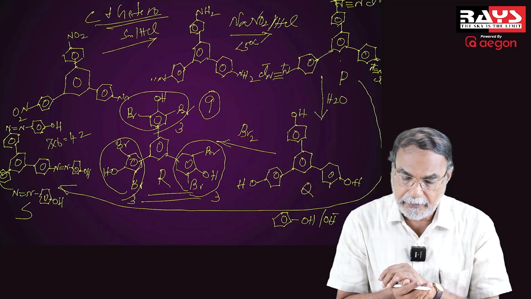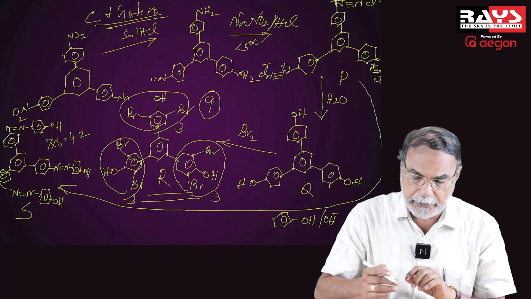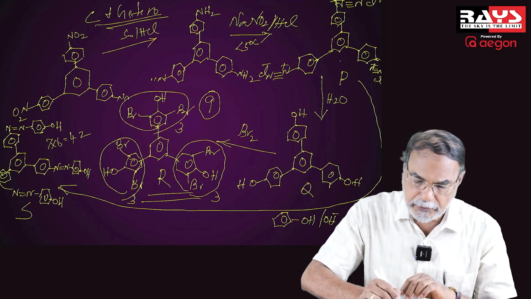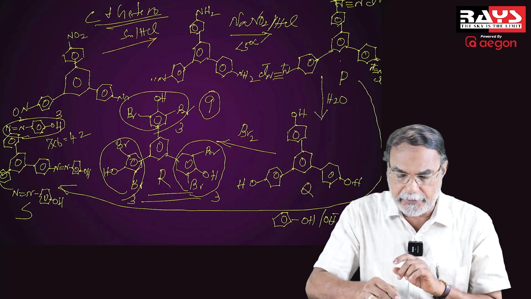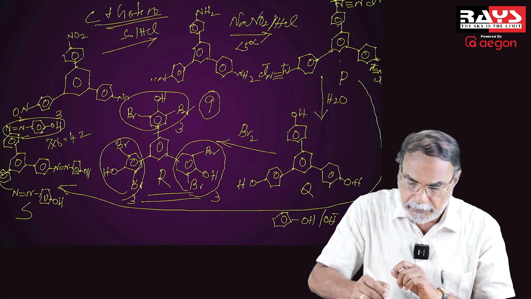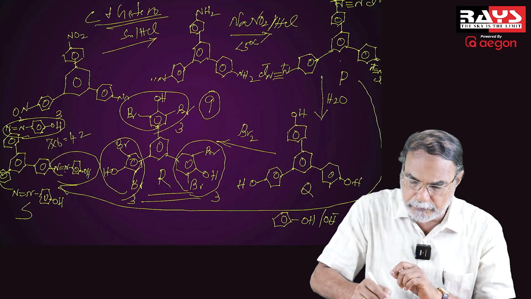And what about the heteroatoms? Look at the heteroatoms. There are 2 nitrogen atoms and 1 oxygen atom in this one unit. In this one unit, you have 3 heteroatoms. In this unit also, you have 2 nitrogen atoms and 1 oxygen atom, 3 atoms.